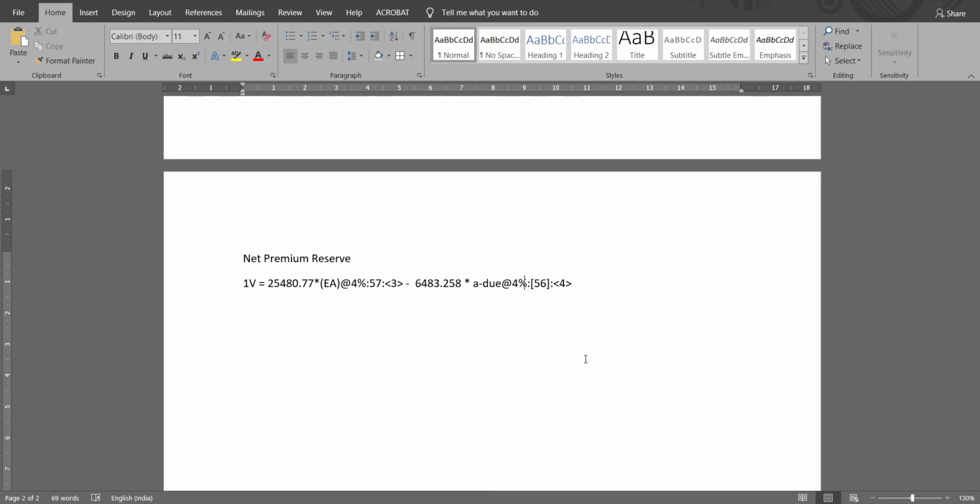Okay, minus sign looks weird in this. It looks the same. Anyway, it's a hyphen only. So this is something you have got, and this is how you will calculate your V1. Similarly, you can calculate your V2, V3 and V4. So once you have shown these calculations, I'll show you how easy it is to do in Excel.